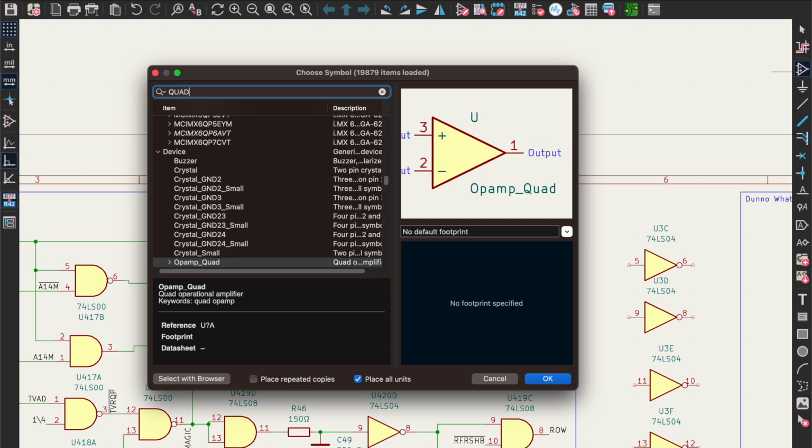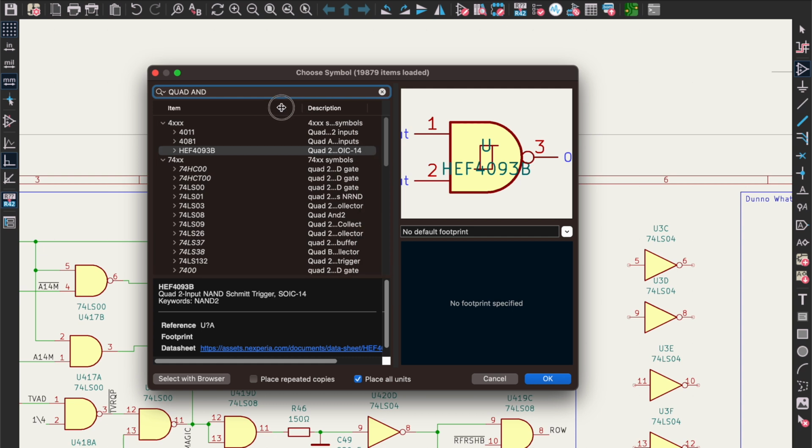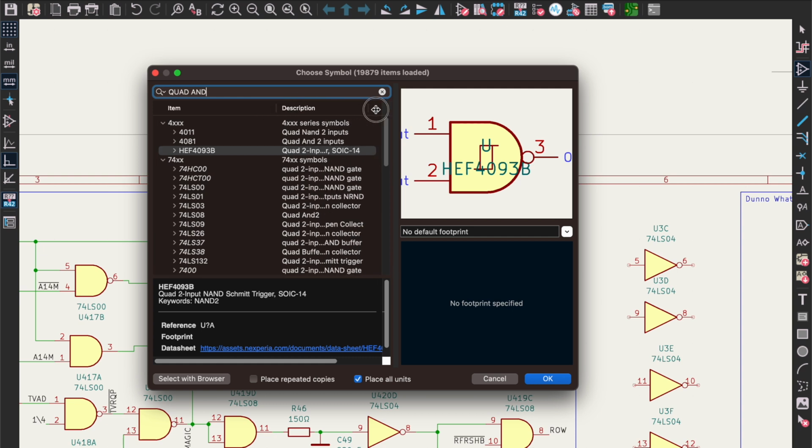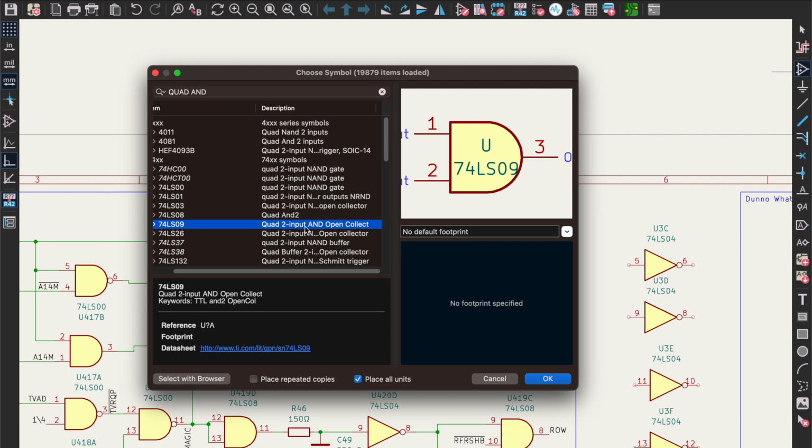If I write quad, quad 2 input NAND, quad 2 input open collector 09, is that what I want? And we don't really use AND gates, do we? What's this down here? Sem4 LSOO, that's an AND gate.